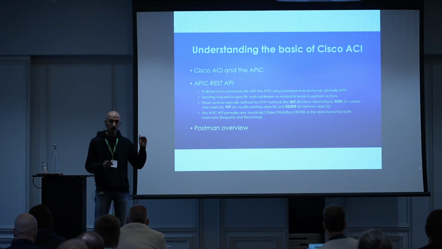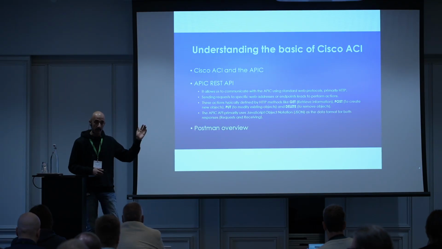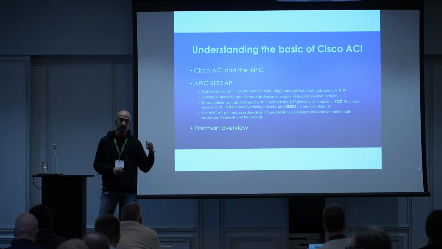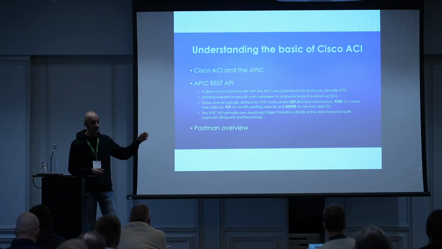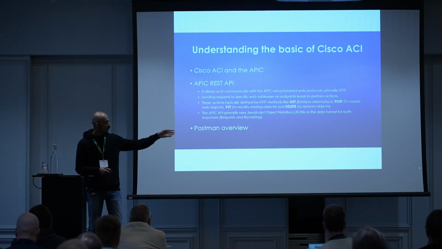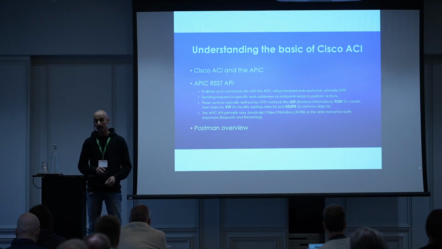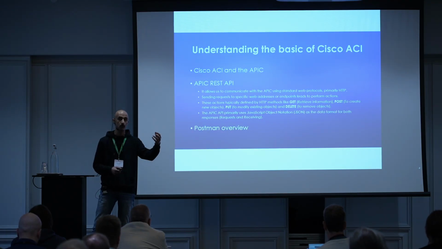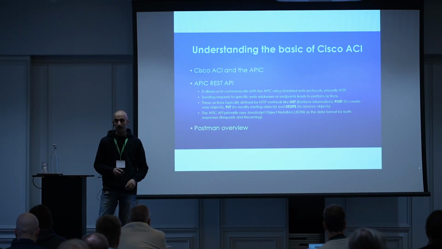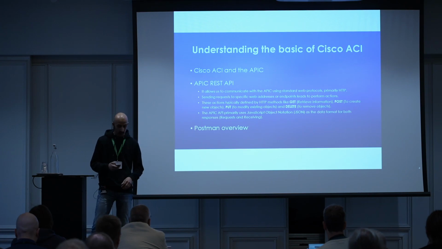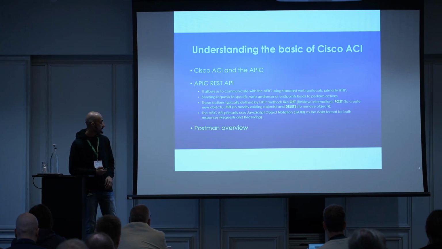The ifs are about the URL, the method that we will use, and the payloads, and the thens or the actions are each of these types of methods, like GET, for example, to retrieve, to see, to monitor the data and the configuration. For example, POST in order to create new configuration within the Cisco ACI as well.